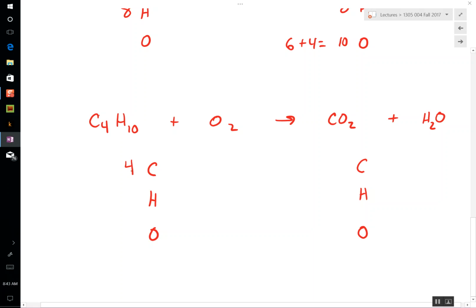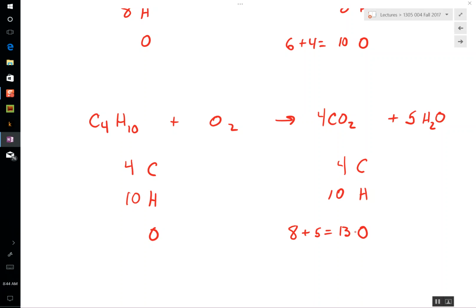I got 4 carbons, so 4 CO2s. I've got 10 hydrogens in C4H10, so I need 5 water molecules. That gives me 10 hydrogens. But now I get 8 oxygens from the CO2 and 5 oxygens from the water, which is 13 oxygens.